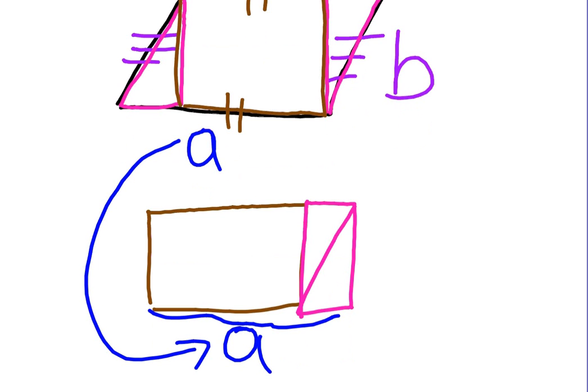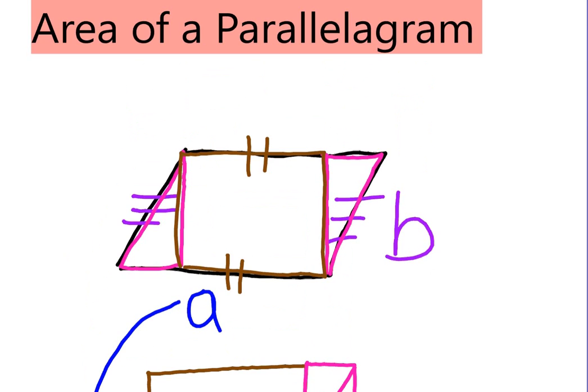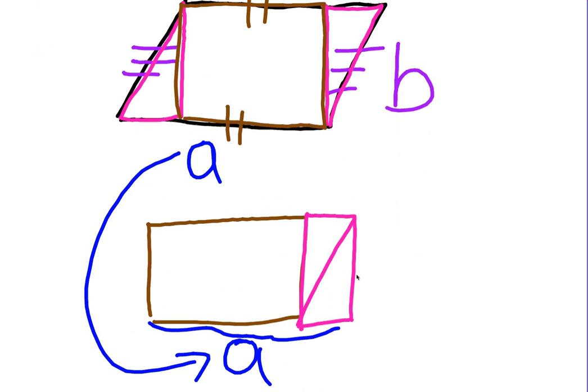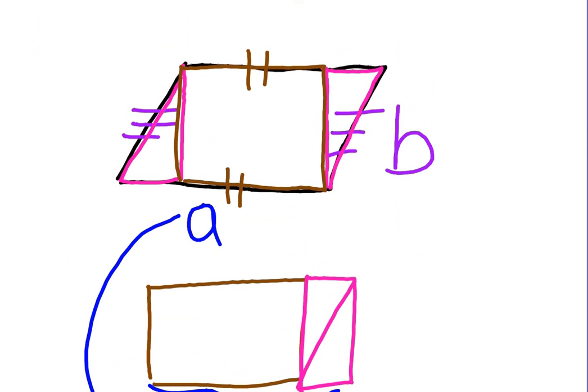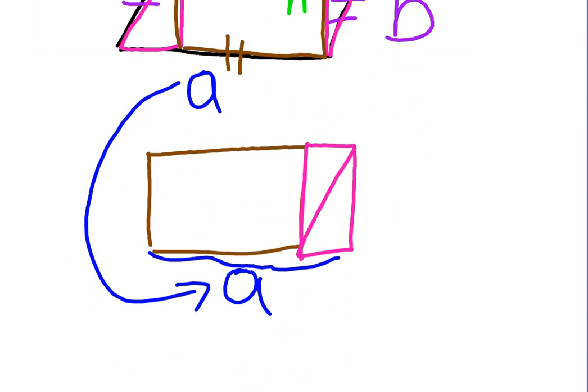All right, what about the height? Okay. So we know the base of that is A, right? What about the height? Well, for parallelograms, you pretty much have to know the height. So the height of the original parallelogram is going to be the same as the height of this rectangle.